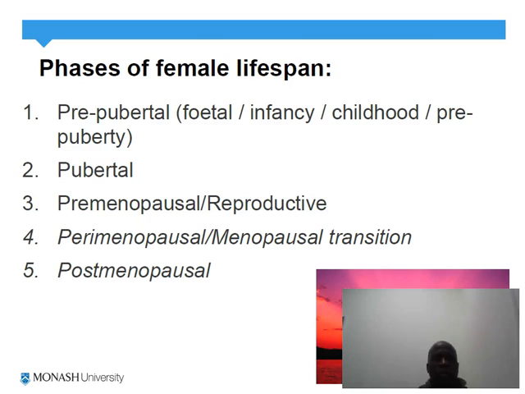So maybe some of you are now wondering, why should we talk about the female lifespan? It's intriguing. The female lifespan is very intriguing because it's different from the male lifespan, in the sense that females, especially with the reproductive system, are designed for a specific period of time, and then it shuts down.